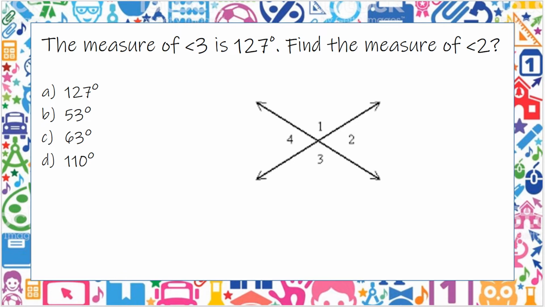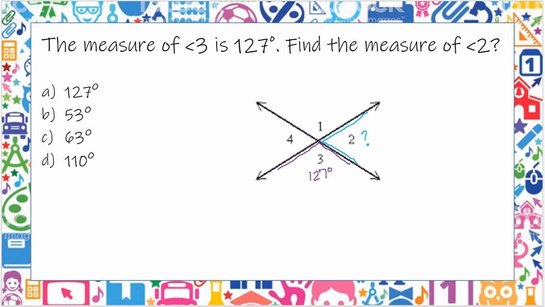The measure of angle 3 is 127 degrees. Find the measure of angle 2. So we see the measure of angle 3 is here. That's 127 degrees. Then I look at the measure of angle 2. That one's this one.